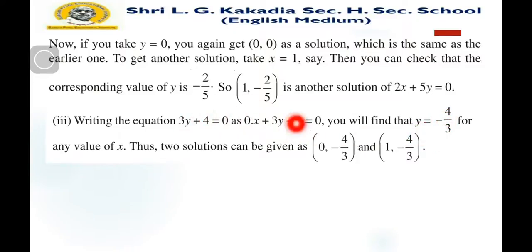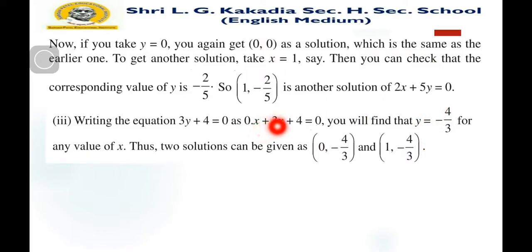From this equation, y is equal to minus 4 by 3 for any value of x, because here x is multiplied with 0. If you put any value of x, this term will be 0, and every time you get y is equal to minus 4 by 3.